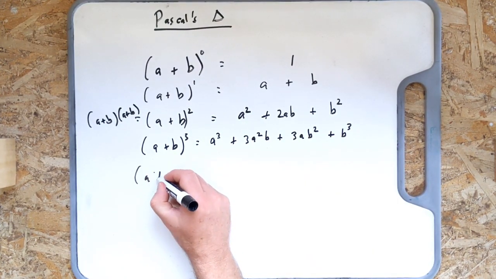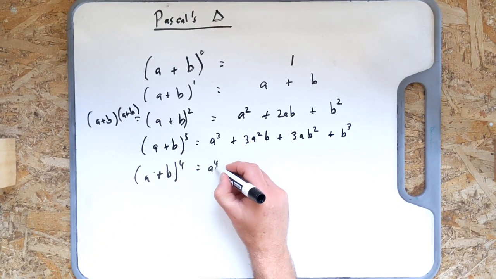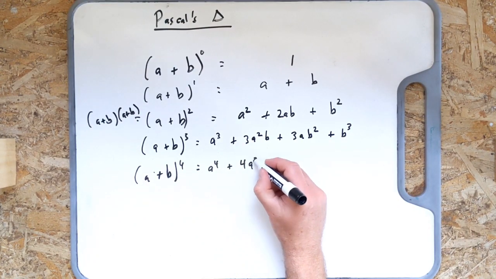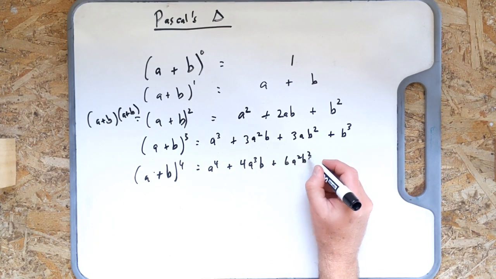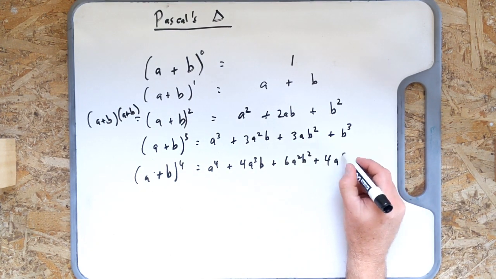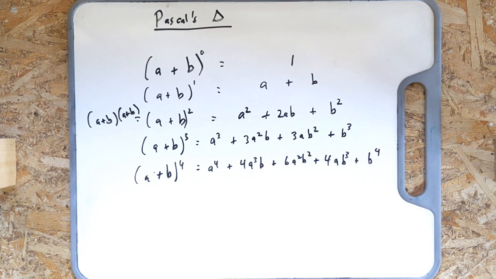And if I did it to the fourth, I will get a to the fourth plus 4a cubed b plus 6a squared b squared plus 4ab cubed plus b to the fourth. Now if you look at this, you'll start to see some patterns, and we're going to use this to do the binomial expansion.